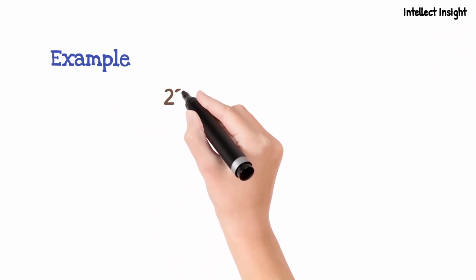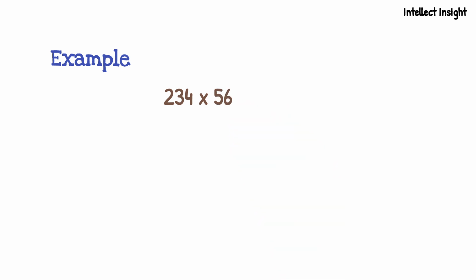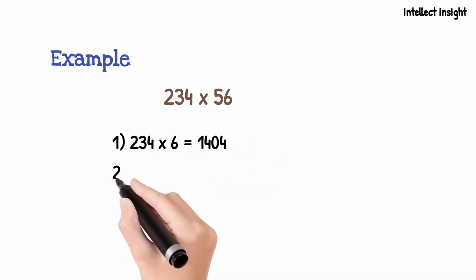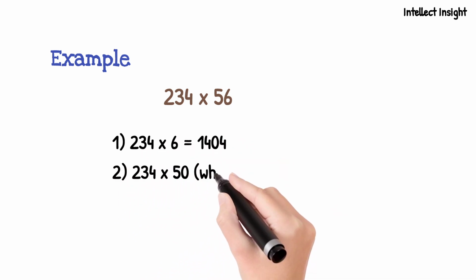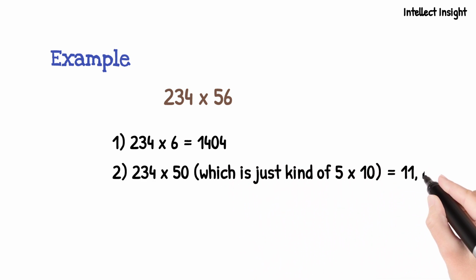Let's multiply 234 by 56. To do this using the traditional method, we start by multiplying 234 by 6 and then 234 by 50, which is just 5 multiplied by 10. We add those results together and that gives us the final answer.